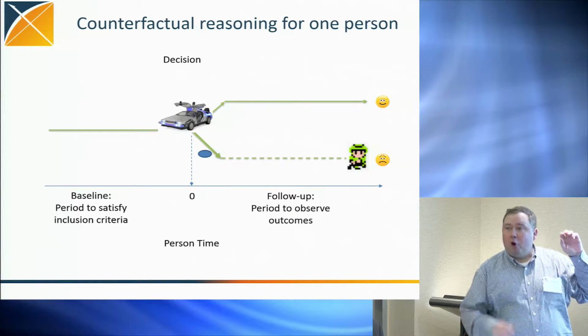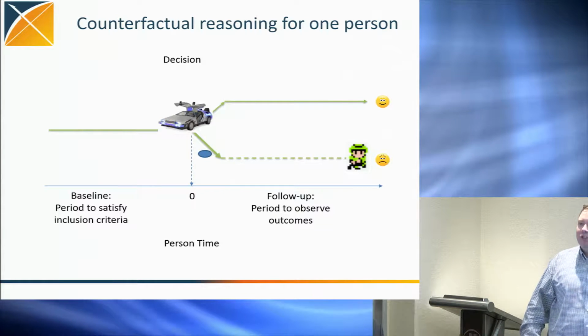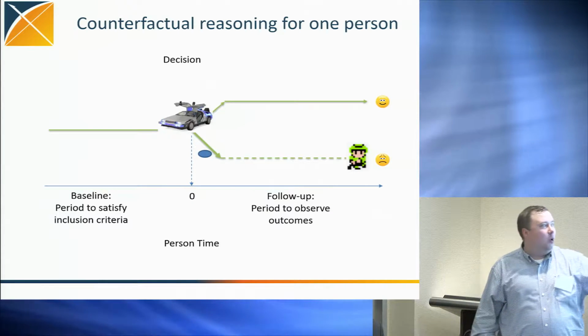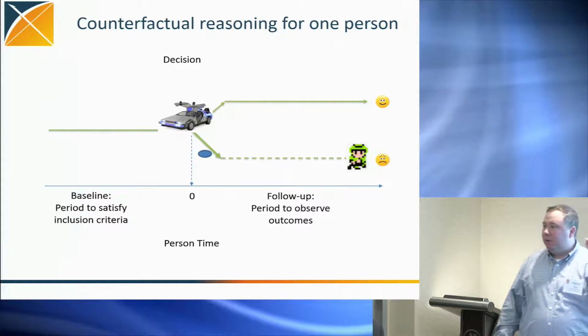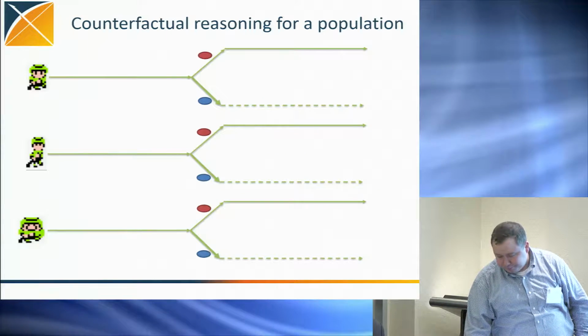So for all of your questions, what I want you to be thinking very clearly about is what is your decision, what's your red pill and your blue pill, and what is that actual moment in time when that decision is being made, because this is going to be an anchor at everything that we're doing.